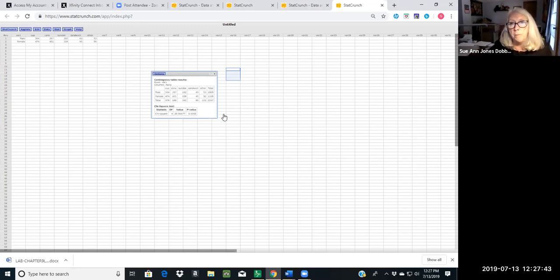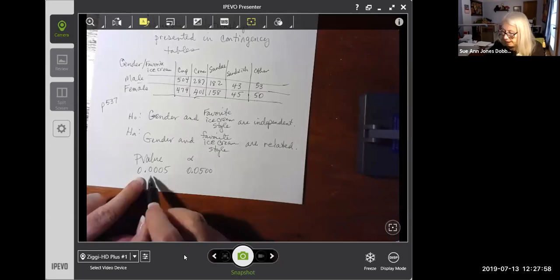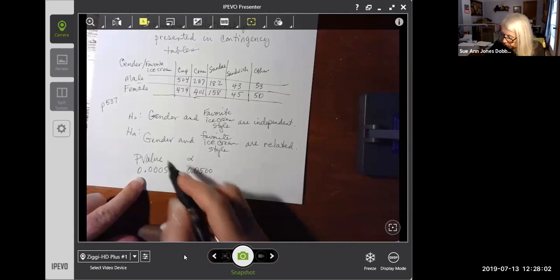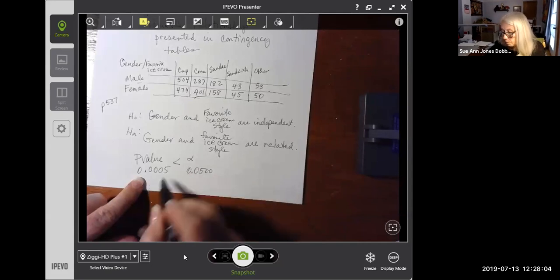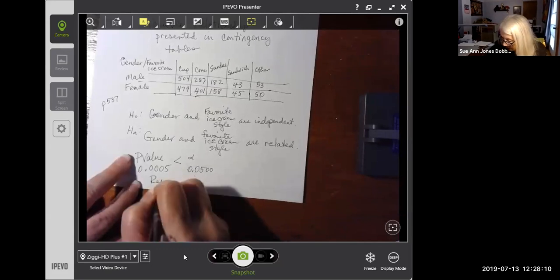Okay, and I'm going to go back to my other screen, back to the presenter window. This is the p-value that was given by my results in StatCrunch. This is the alpha value. This p-value is clearly much smaller than the alpha value. And when the p-value is less than the alpha value, you reject the null hypothesis.